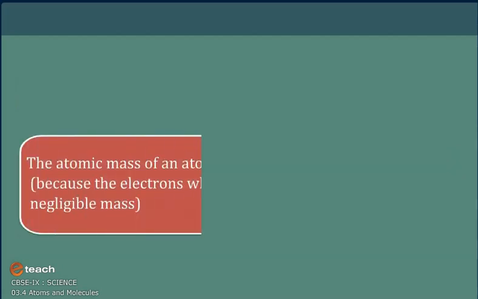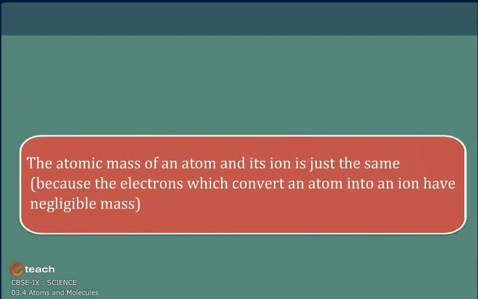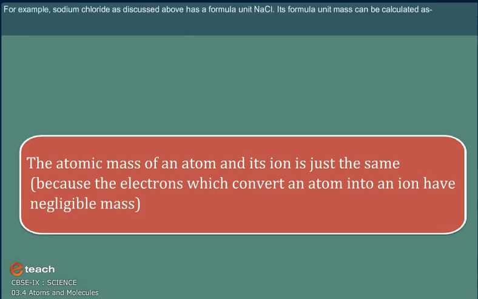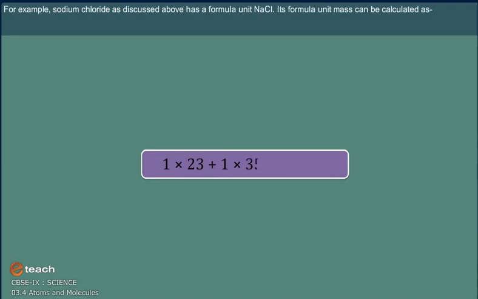The atomic mass of an atom and its ion is just the same because the electrons which convert an atom into an ion have negligible mass. For example, sodium chloride, as discussed above, has a formula unit NaCl. Its formula unit mass can be calculated as follows.